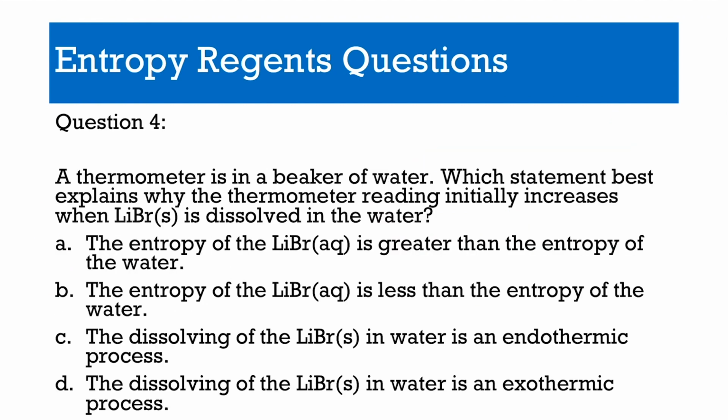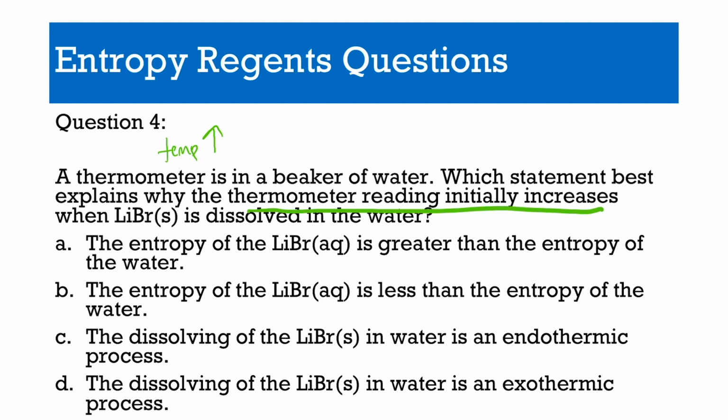Okay. Number 4 says, a thermometer is in a beaker of water. Which statement best explains why the thermometer reading initially increases when lithium bromide is dissolved in the water? So, there's a lot to unpack in this question, but we're talking about how the thermometer reading is increasing. So that means the temperature has to increase.